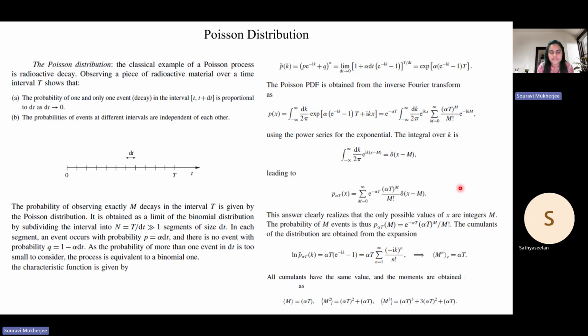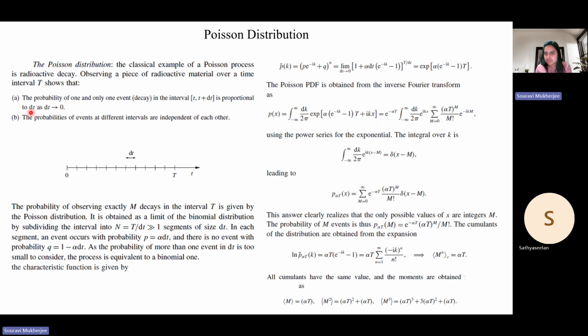A Poisson process is similar to radioactive decay. So basically the features are here. The probability of one and only one event in the interval t to t plus dt is proportional to dt. So you can take this probability as something like alpha.